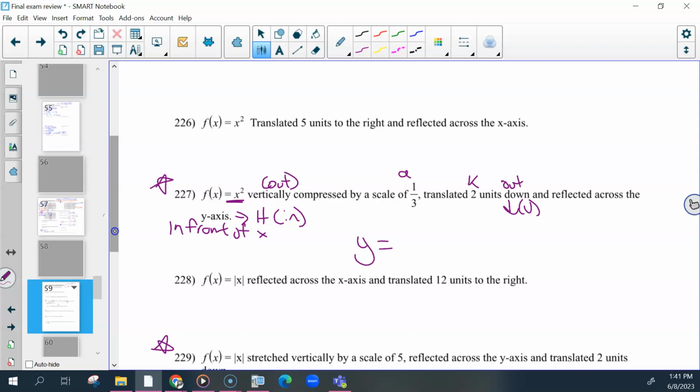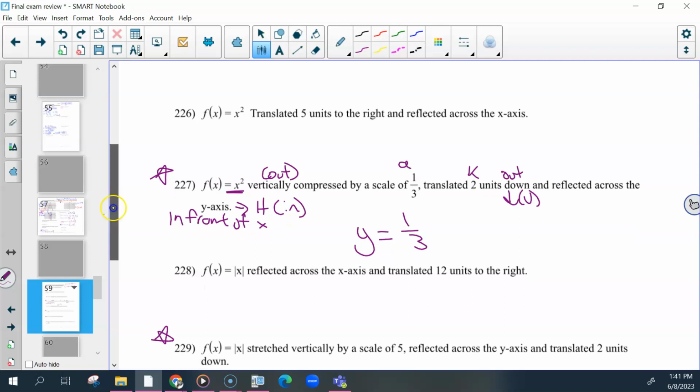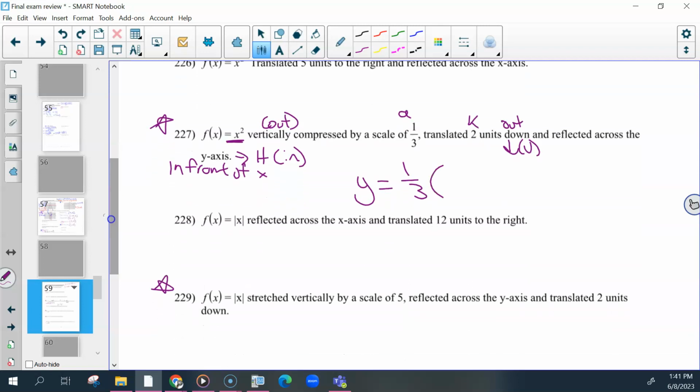We have an a value, so that's going to go first, so 1/3. We need parentheses. We don't have an h value, we have a horizontal value, but not an h value. But we do know that the reflection needs to go in front of x. So the reflection is going to be a negative in front of your x, with the square on the outside. And then down 2 units would be a negative.